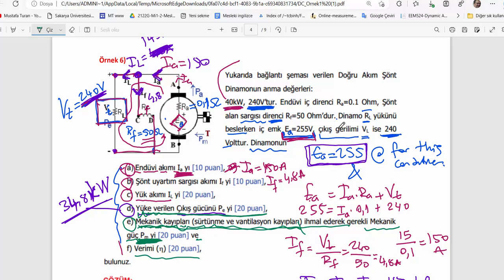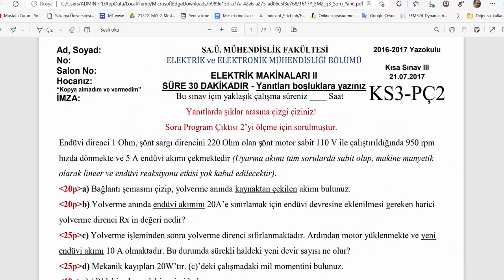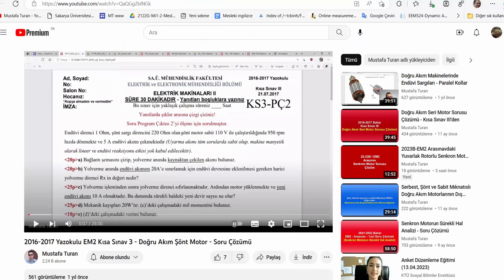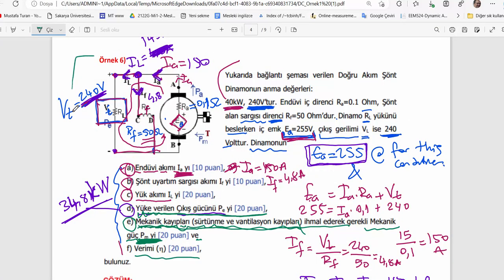Even if they look similar, this one was a generator and that one is a motor, and everything is different. Especially C is the most difficult question here, and that was new for you. I know perhaps you cannot be ready for this, but you are ready for this. Excuse me, you were ready for this, and we have already solved this.